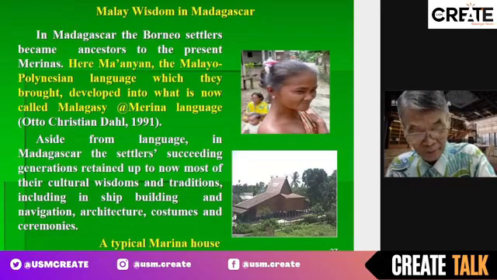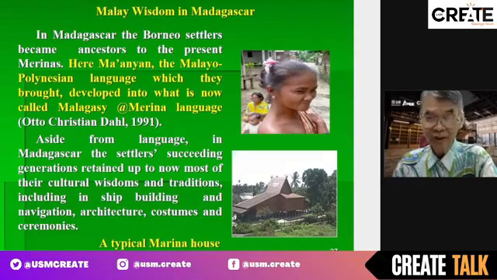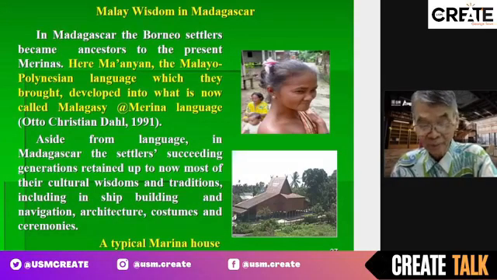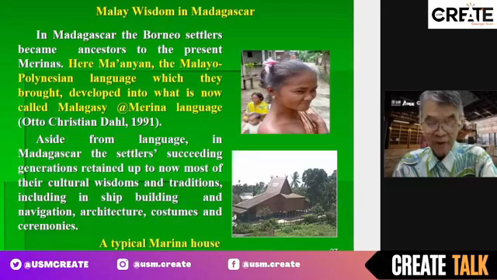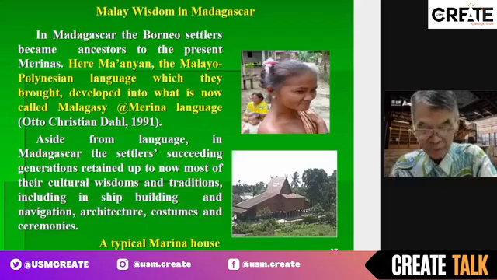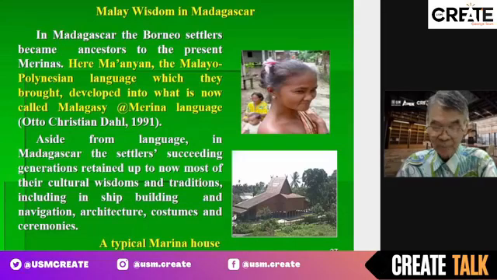When they went there, they took along with them, of course, their language, which was Ma'anyan. Here, Ma'anyan, the Malayo-Polynesian language which they brought from Borneo, developed into what is now called Malagasy, or Merina language. Again, Dato talks a lot about this in his book, 1991.